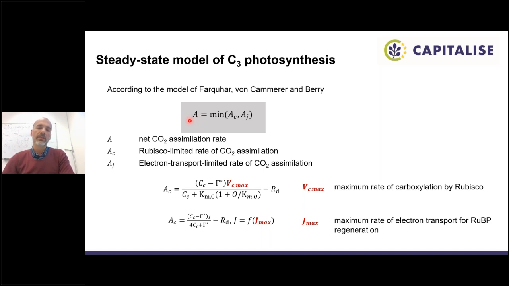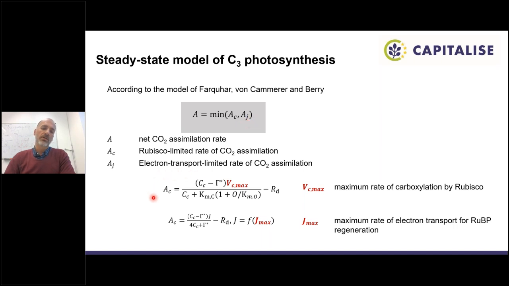According to the model, the net carbon assimilation rate can be described by the minimum of the Rubisco limited rate of carbon dioxide assimilation, which is denoted by AC, and the electron transport limited rate of carbon dioxide assimilation, which is denoted by AJ.